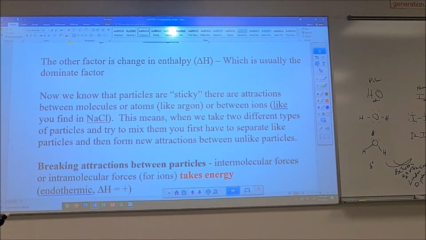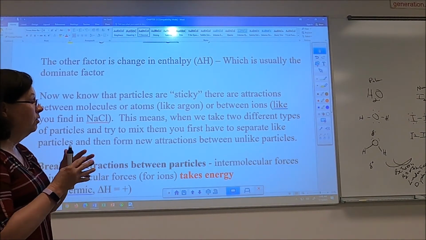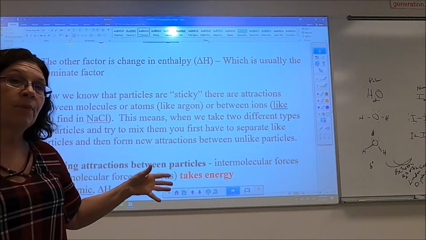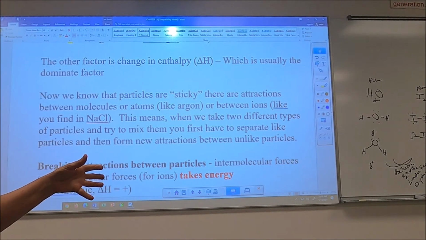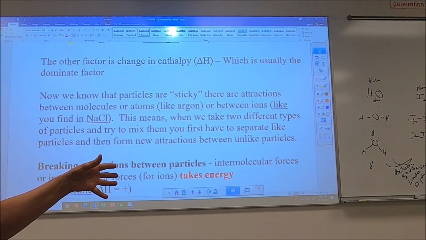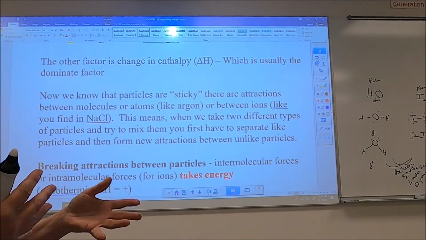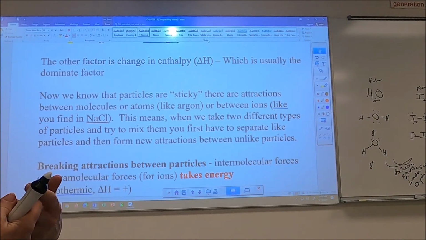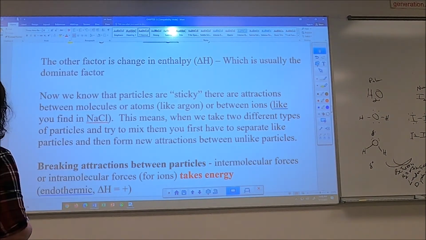When we mix two pure substances together, we first have to separate the pure substances one from the other. We have to break connections, which takes energy, and then we allow particles that are not alike to stick to each other, to attract. That's going to release energy.